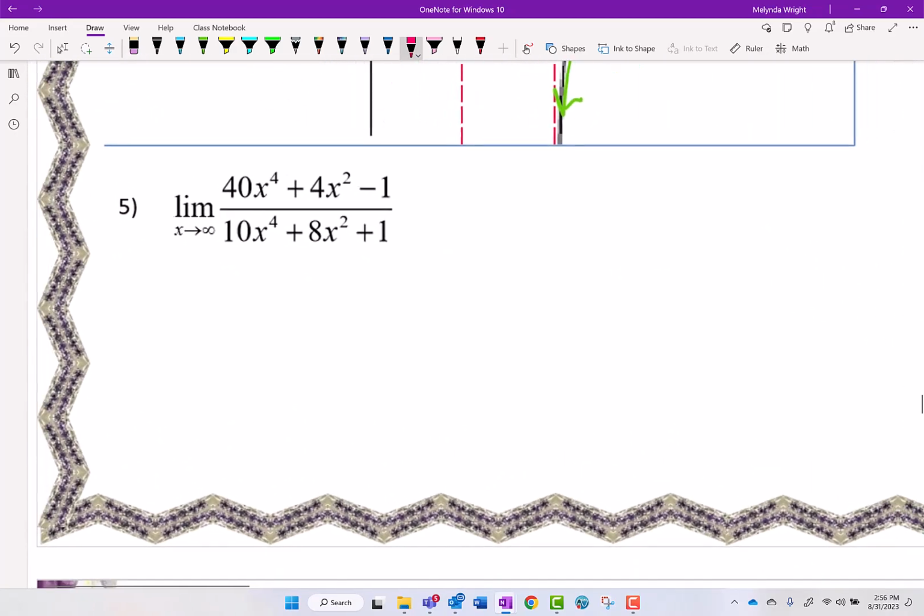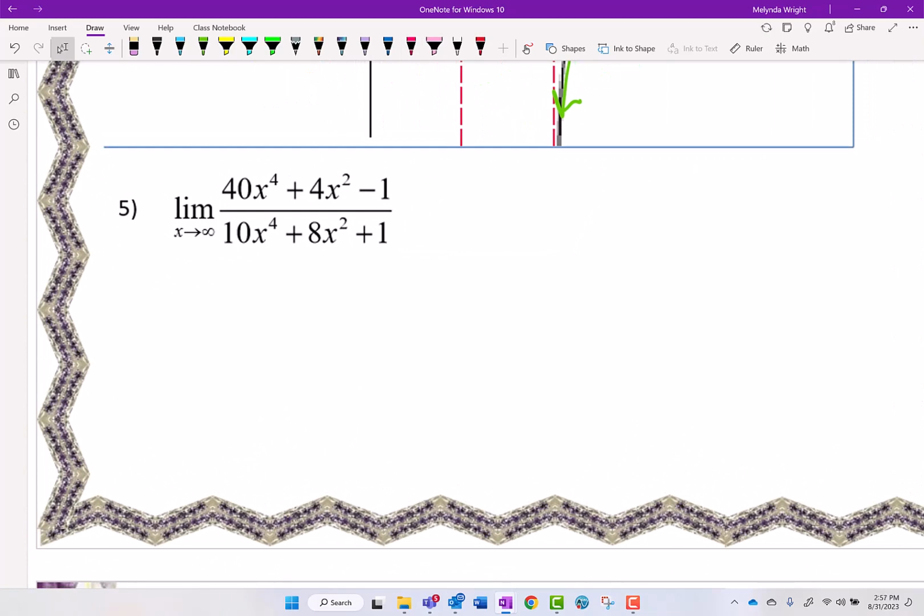All right, so there will probably come a time when you can look at this problem and tell me what the answer is without doing anything. Okay, there probably will. We're not going to do it like that now, but there probably will come a time when you can do that.